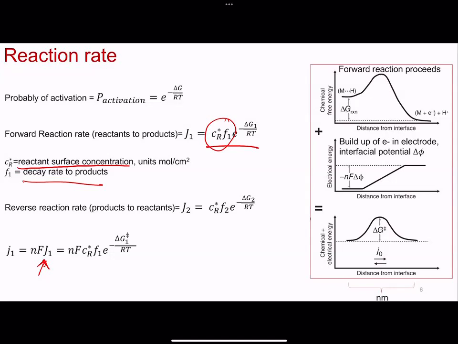So these are competing factors, right? In this particular scenario, you're not pumping in gas continuously. You start out with some amount of gas, you pump it in, you let it react, and your reactants will decrease as you have more products. So you take that into account. You add all of this together and you get some overall reaction rate, some J naught, that says this is the current density based on the electrochemical reaction rate of the forward and backwards.